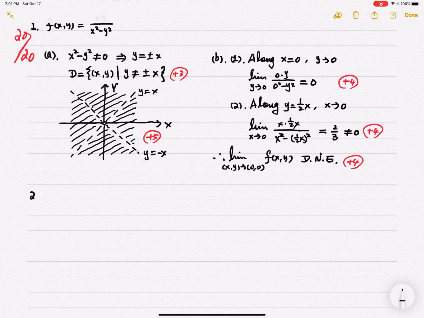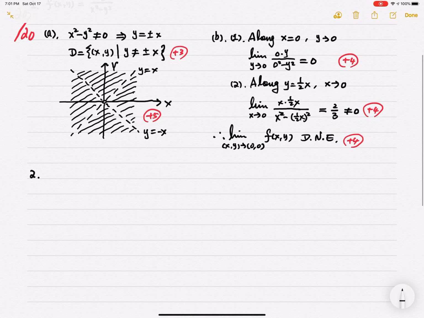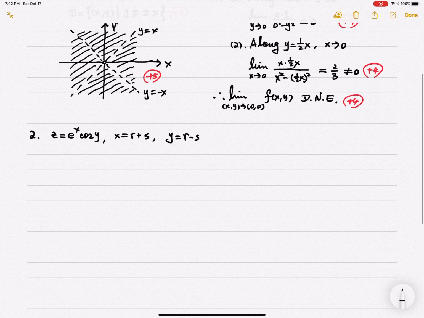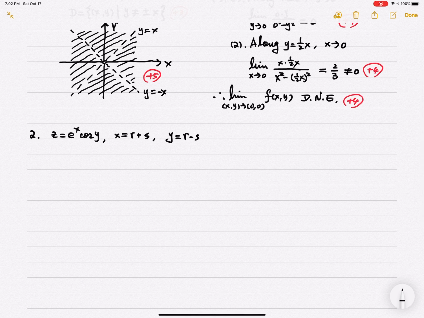Problem number 2. We have z equal to e to the x cosine y, and x equal to r plus s, y equal to r minus s. And then we ask to find the second partial derivative with respect to r first, then s.